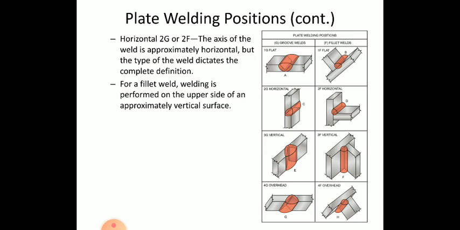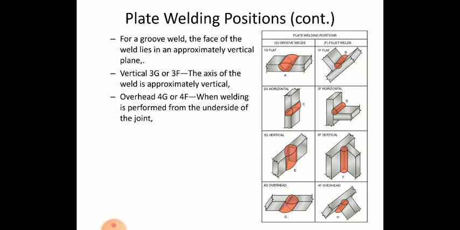that is the overhead welding. And now the pipe welding position, as you can see, the joining of two pipes, that is the seam position, and the American Welding Society has divided this particular pipe welding into 5 basic positions, that is the 1G, and the horizontal rolled, where the pipe is rolled either continuously or intermittently, so that the weld is performed within 0 to 15 degrees of the top of the pipe.